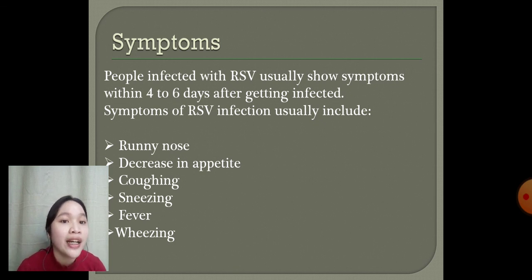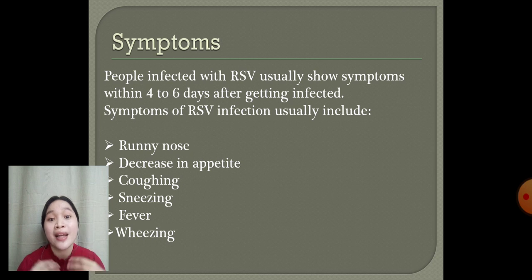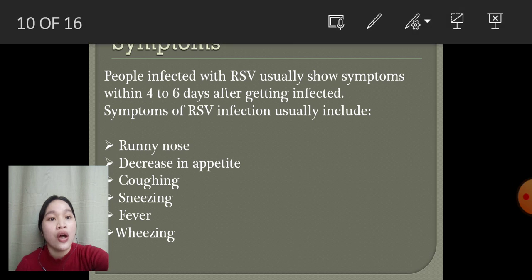Symptoms of RSV infection usually include runny nose, decrease in appetite, coughing, sneezing, fever, and wheezing. So it takes 4 to 6 days for the symptoms to appear. For example, if you are infected today, the symptoms will appear in 4 to 6 days.